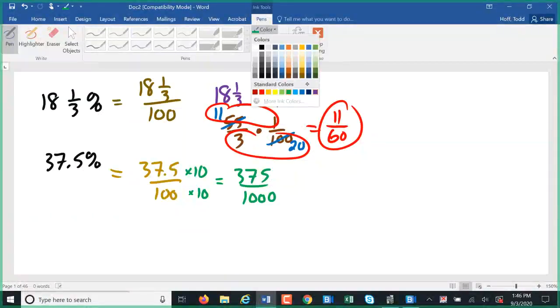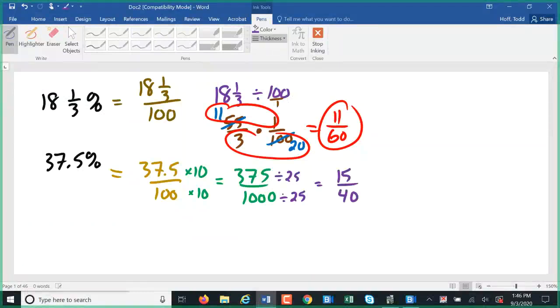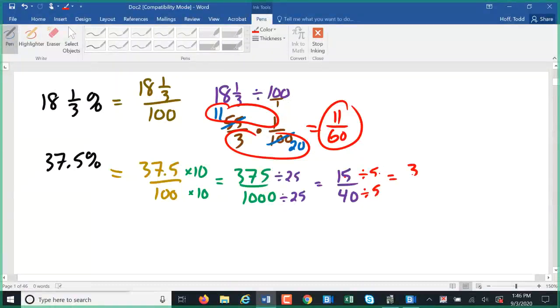Both of those can divide by 25 again. 375 divided by 25 is 15. 1,000 divided by 25 is 40. And we can still divide both of those by 5. 15 divided by 5 is 3. 40 divided by 5 is 8. That's 3/8.